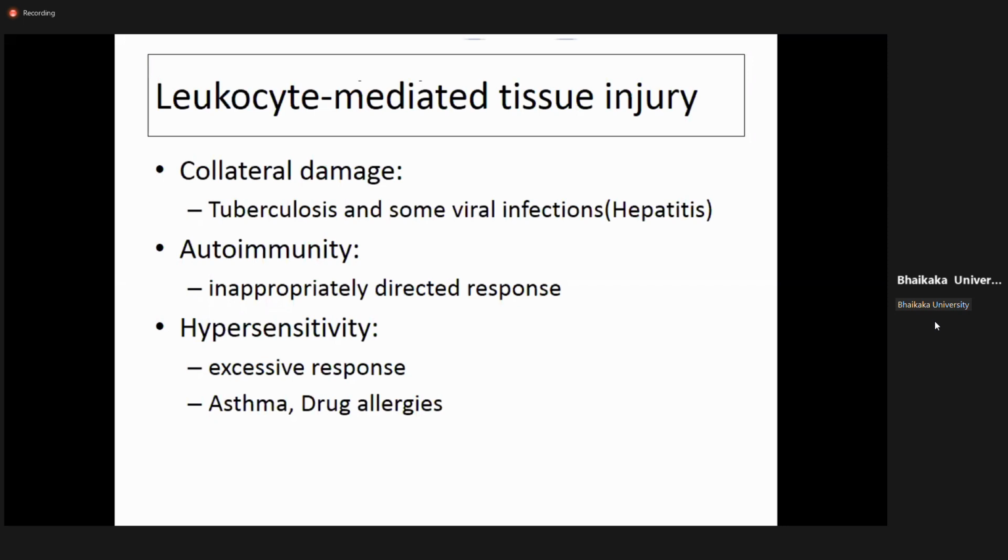A person can become allergic to that and mount a hypersensitivity reaction. Examples are asthma and drug allergies. So in these conditions, leukocyte mediated inflammation can be rather damaging to the tissue.